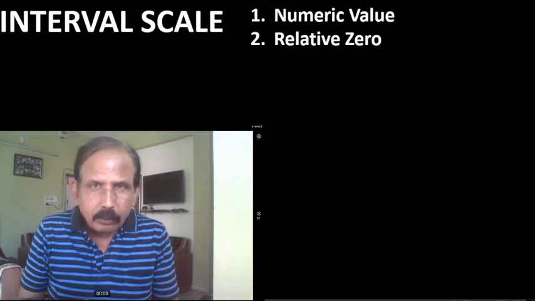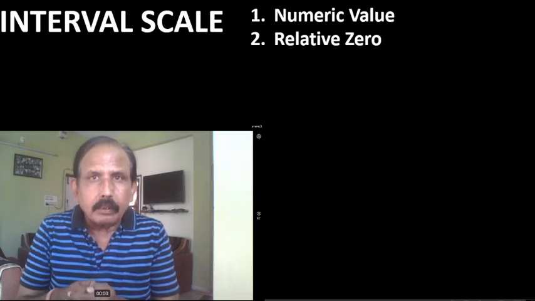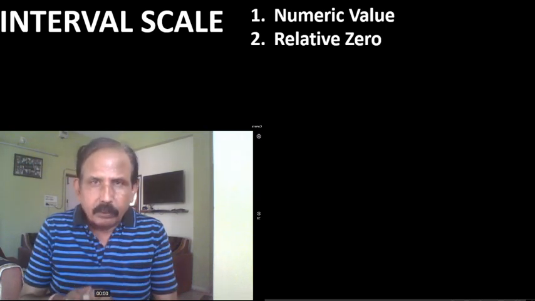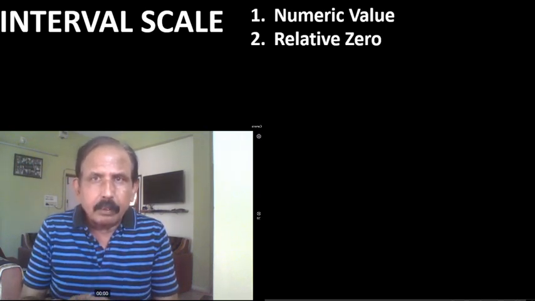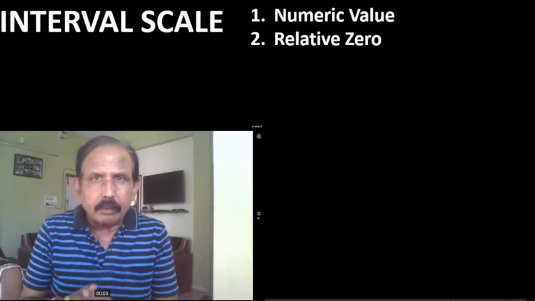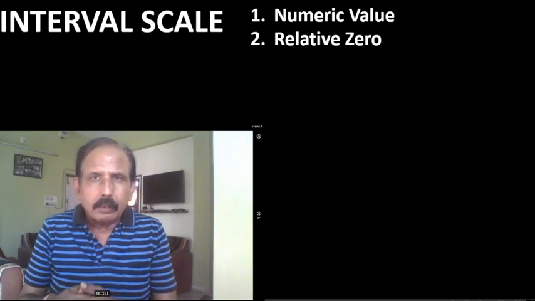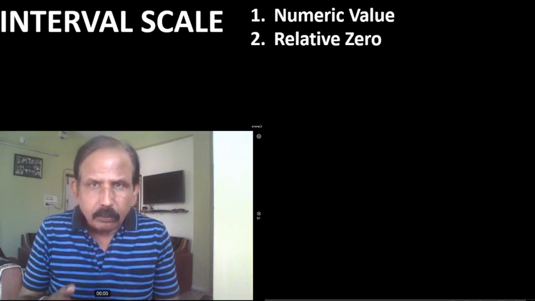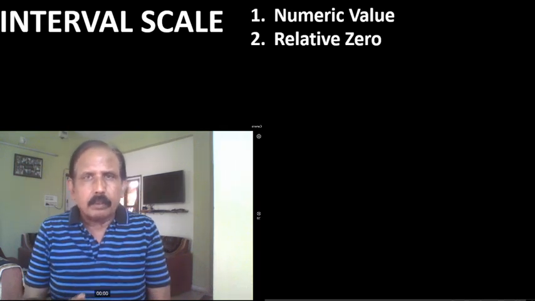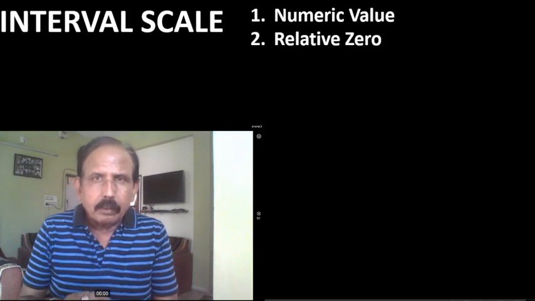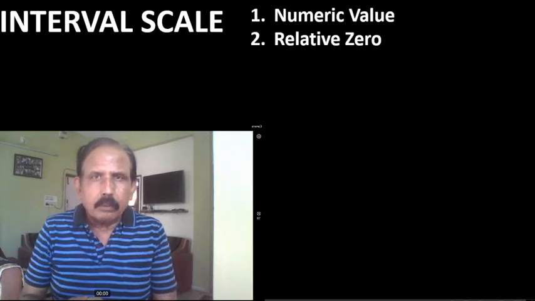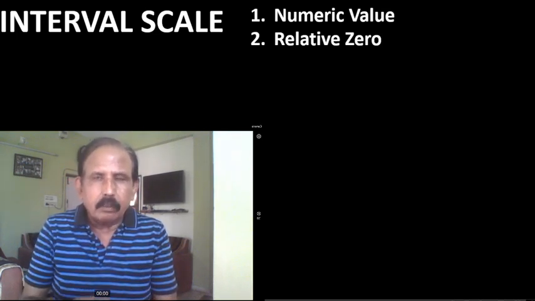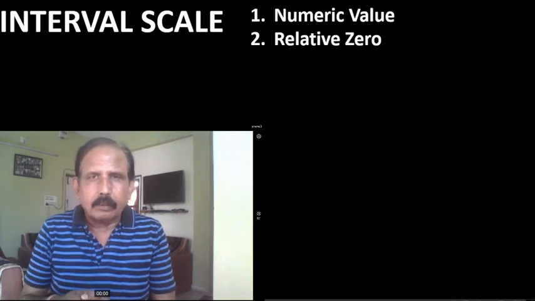Here 0 does not say the absence of anything. If 0 is there, we can't say that the absence of the characteristic is there. We can't say the student getting 0 does not know anything in that particular subject. It means the 0 depends upon different factors in numeric scale, in interval scale.